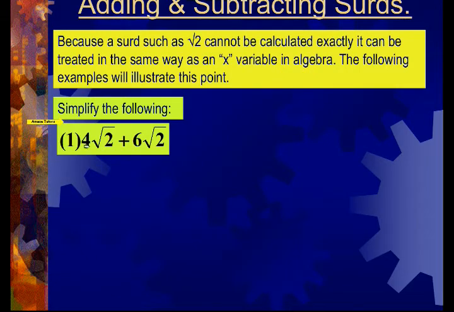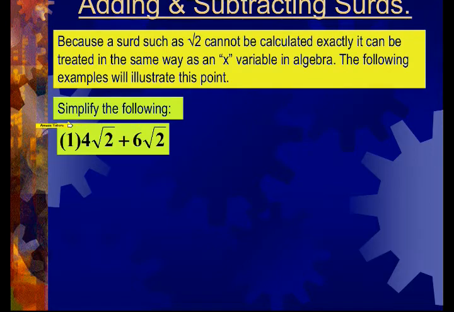First example, it's adding. Simplify the following. 4 root 2 plus 6 root 2. So now we are considering square root of 2 as an x, which will become 4x plus 6x. Now you are all very familiar with adding and subtracting or simplifying expressions. What is 4x plus 6x? Obviously 10x.